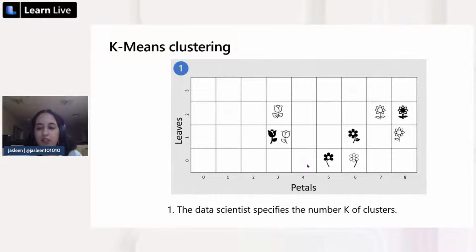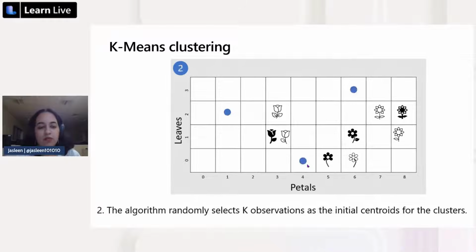So the first step of the algorithm is specifying the number of clusters to be created. The data scientist does this. Over here, we roughly see three different types of flower species, so we can say we want the number of clusters to be three. Moving on to the second step of the algorithm, the algorithm randomly selects k observations as the initial clusters.